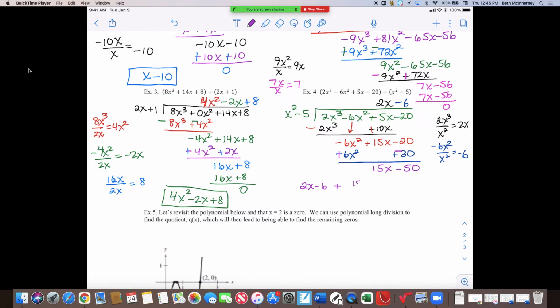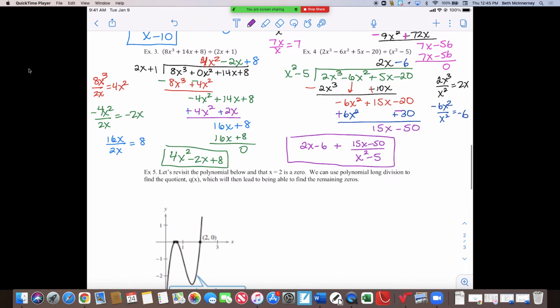Then you take your remainder over the divisor. So it's your answer. Let's maybe write this down. It's the answer plus the remainder divided by the divisor.